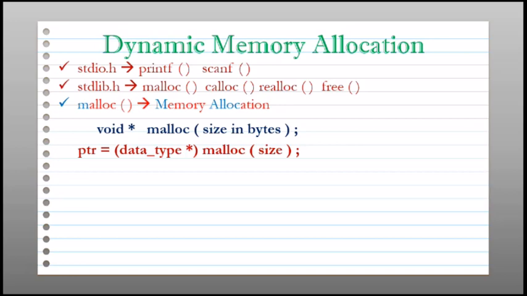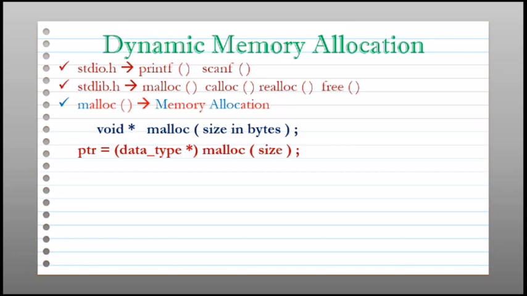But to store this value into the pointer variable ptr, it has to be converted into the appropriate data type. So depending on the data type of ptr, we have to mention the data type before the malloc function. If the pointer variable ptr is integer, then the data type star should be int star.